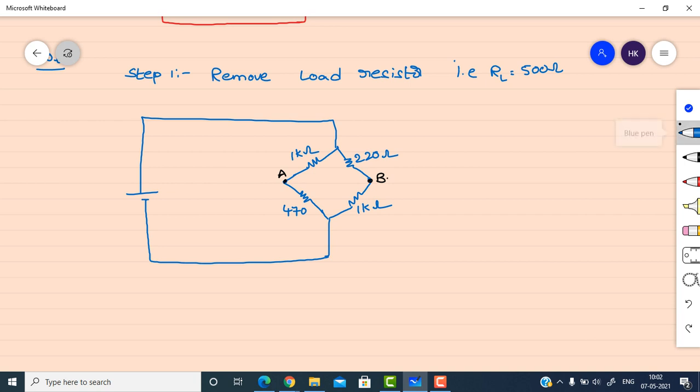So next step, we have to find out the open circuit voltage. To find out this open circuit voltage, first we have to find out the currents. For that I am using mesh analysis. So I will assume the direction of current first. Due to this supply, the current will flow like this.